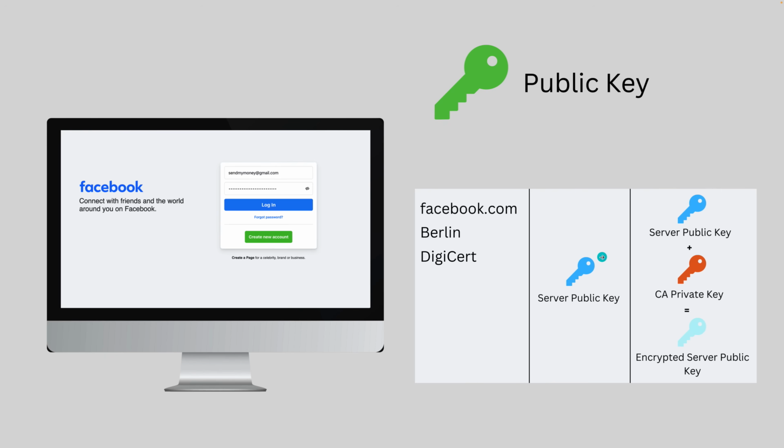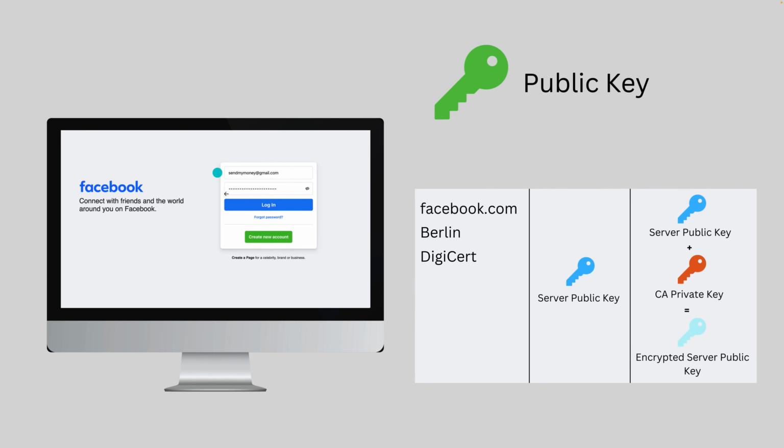And we also have the encrypted server public key that was encrypted by the private key of the certificate authority. Again, I want to stress that the private key is not sent within the certificate itself. Only the encrypted server public key is sent. I just wanted to show you how it was created.